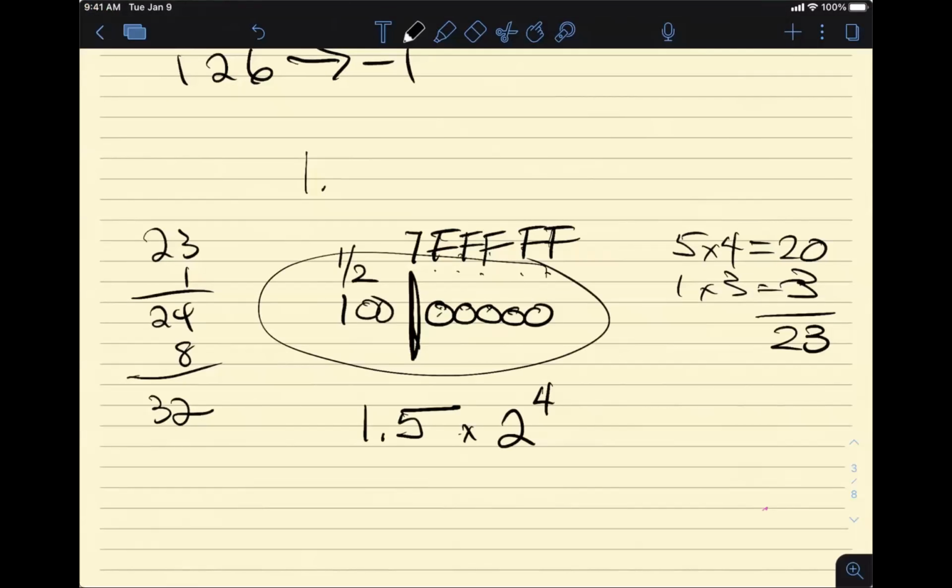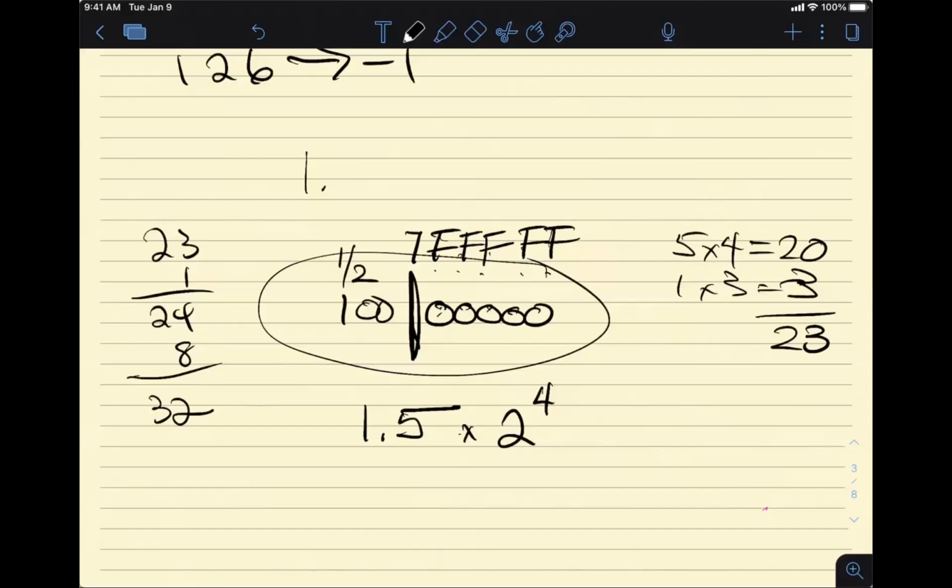Well, why do you say 1.5? Because of the implied 1. Implied 1. Right, so consider scientific notation. Isn't there always a 1 digit before the decimal place? I don't know. We can have 0 point something.